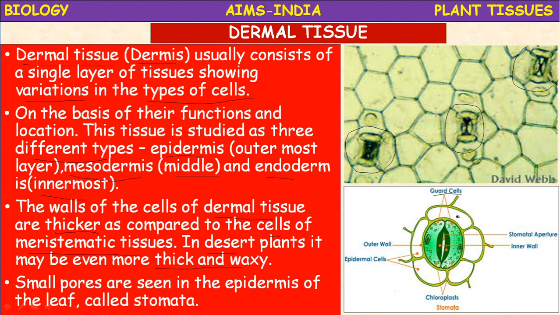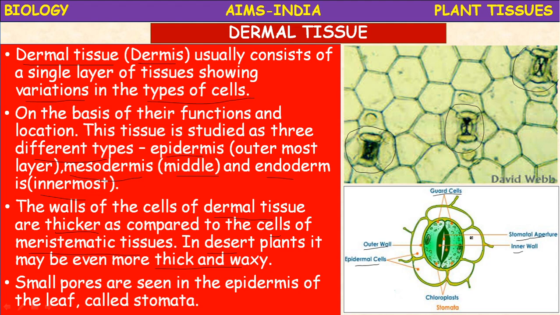This is the epidermis layer. In between the epidermis, gaps are present, a hole is present, that is called a stoma, and this entire structure is called stomata, and it possesses an outer wall and an inner wall, and there are several epidermal cells present. Then a small opening is present, that is called the stomatal aperture.